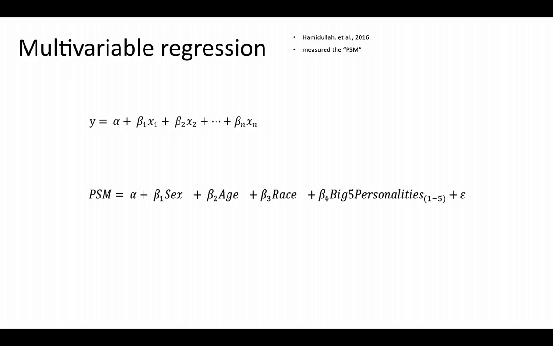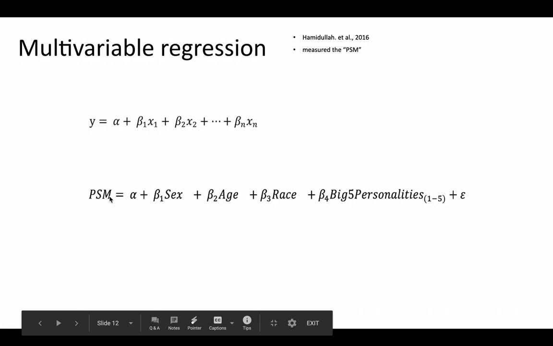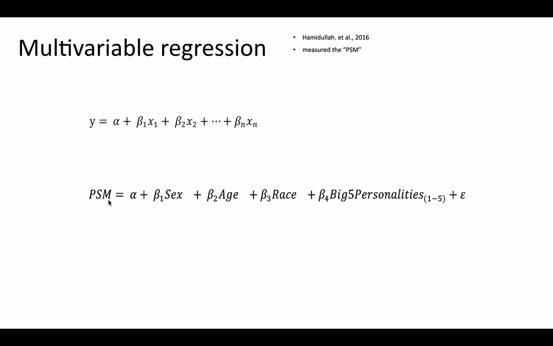But anyway, let's talk about the dependent variable, public service motivation. It's an index and measured by different items, right? And the first independent variable sex, second age, third race, and the first is actually our big five personalities. Since it's big five, it has 5 different dimensions, right?